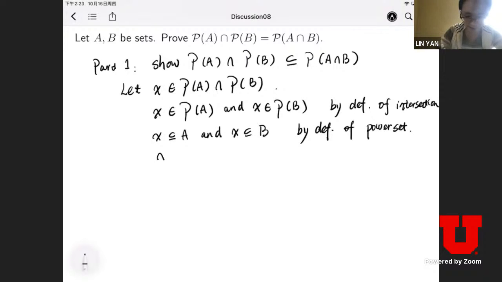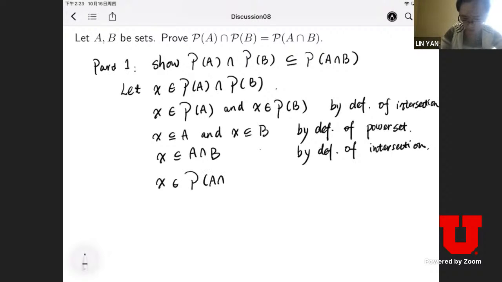Okay, then X is a subset of A intersect B. This is by the definition of intersection. So X is an element of the power set of A intersect B. This is by the definition of power set.